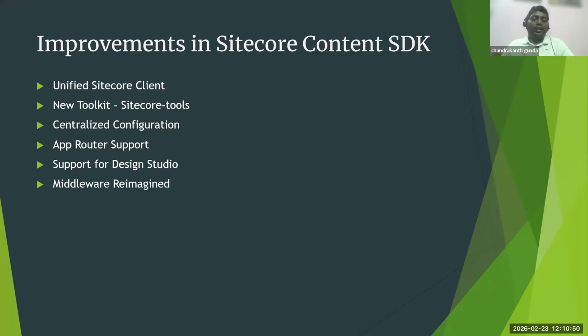And in Content SDK, middleware is completely rebuilt. In JSS middleware, we didn't have control over the order of the middlewares, and if I wanted to introduce a new middleware, we had to specify the order. Sometimes we had to give negative order values, and there was a lot of confusion about which middleware was called first and which second.